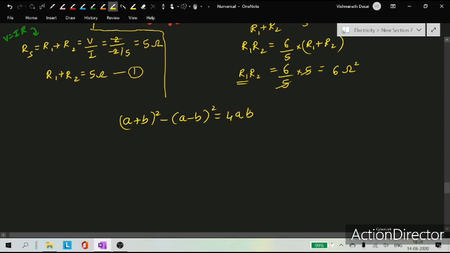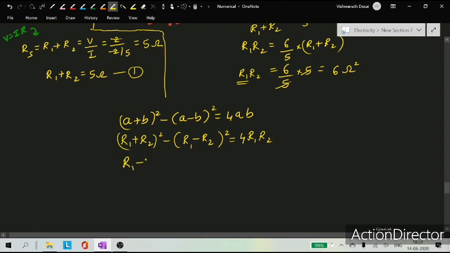We used it already once in the first chapter. Or R1 plus R2 whole square minus R1 minus R2 whole square is equal to 4 R1 R2. I am going to calculate R1 minus R2 from this.